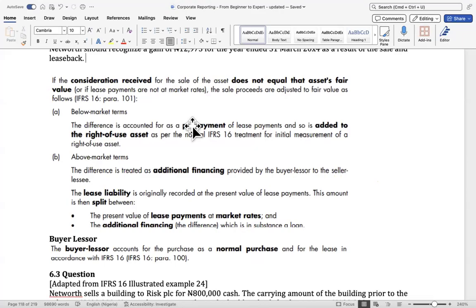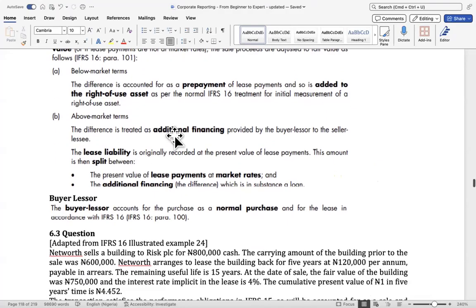So the only reason why you accepted to collect a lower amount than fair value is because you want to use that reduction, that savings, as an advance payment of your lease. So we treat it as a prepayment. Usually we're going to add it to the right of use asset.